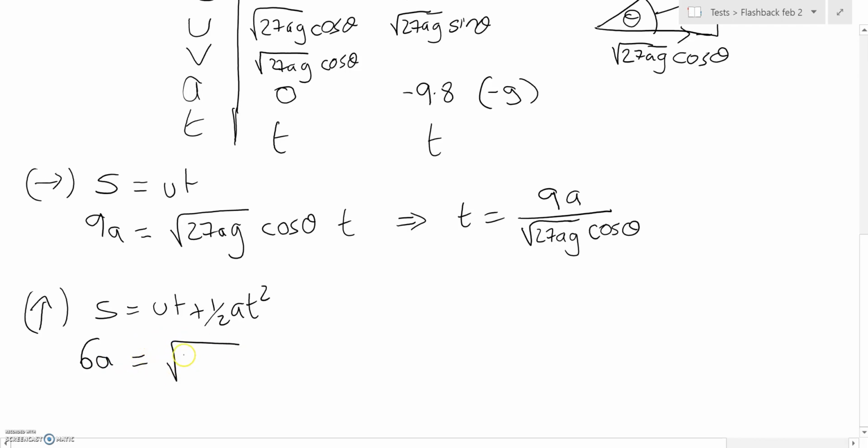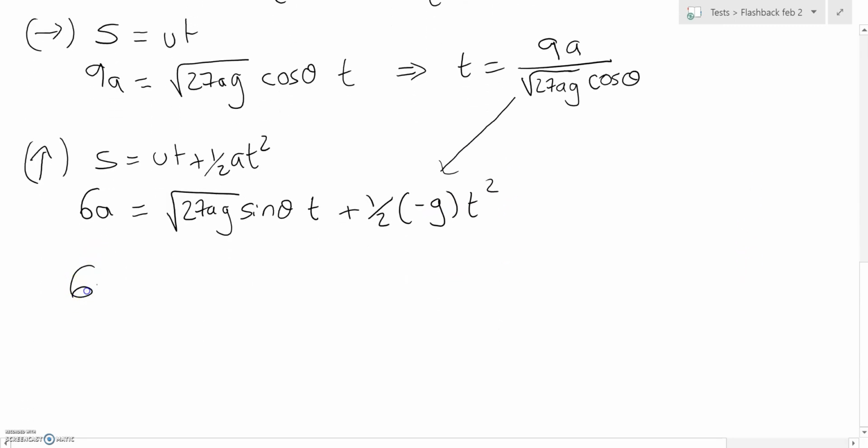Initial velocity was the square root of 27 ag sine theta times t plus a half, and then a was minus g and t squared. And as we've found t in terms of cos theta and a earlier, we're going to sub that into this equation now.